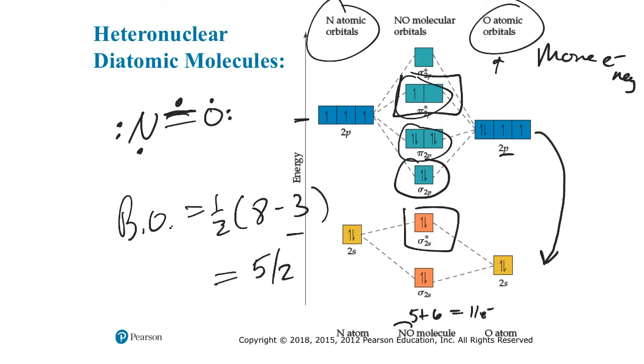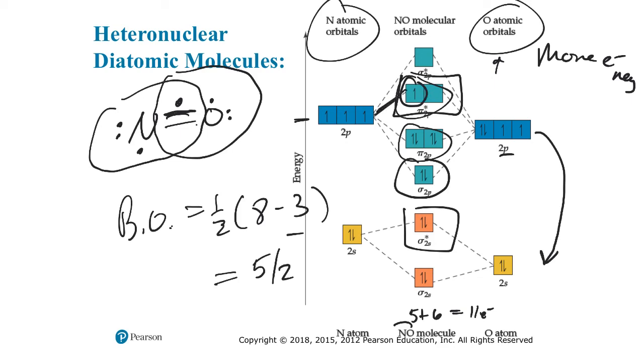So that gives me 1, 2, 3, 4, 5, 6, 7, 8 for nitrogen, 1, 2, 3, 4, 5, 6, 7, 8 for oxygen. This is a weird Lewis structure drawn this way, but notice each atom actually satisfies the octet rule. Now, the book does talk about how this electron being closer in energy to the nitrogen atom probably means that lone pair electron is a little bit closer to the nitrogen than to the oxygen.